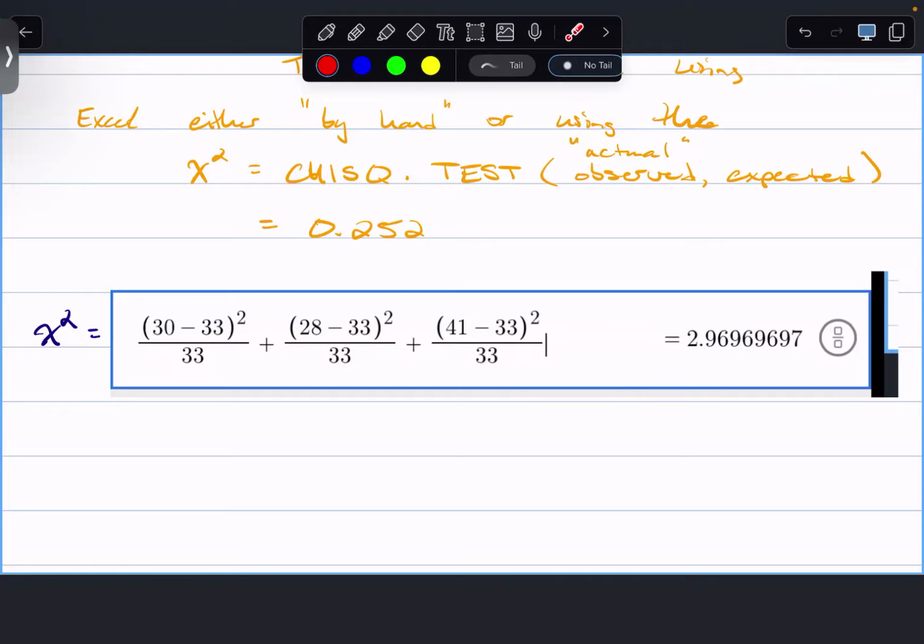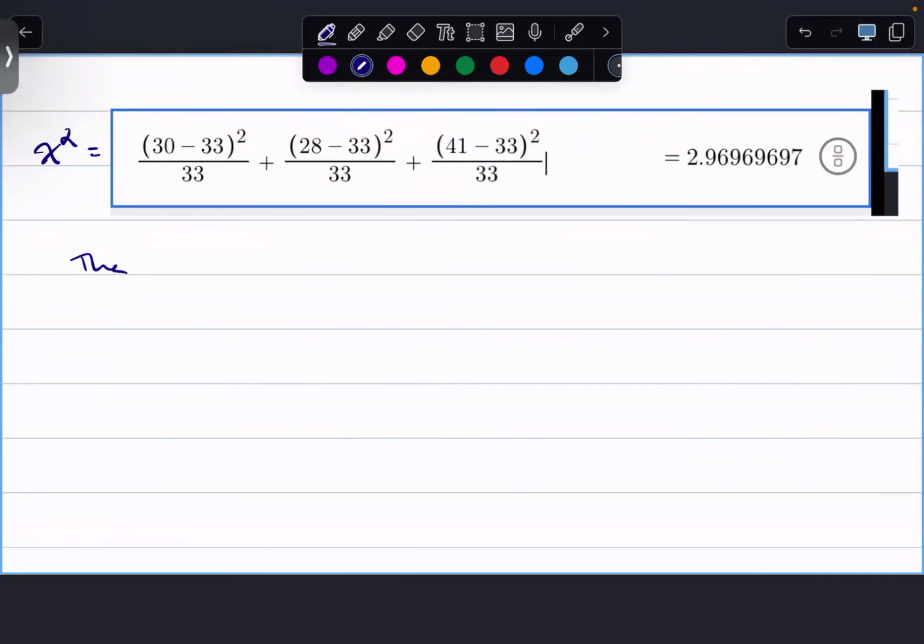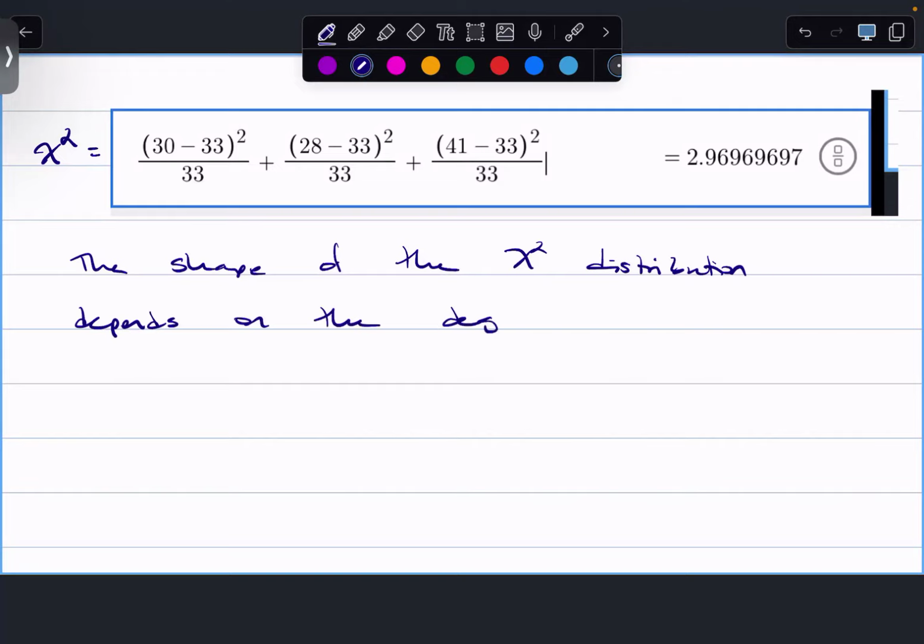And so the shape, I'll write that down. The shape of the chi-squared distribution depends on the degrees of freedom.